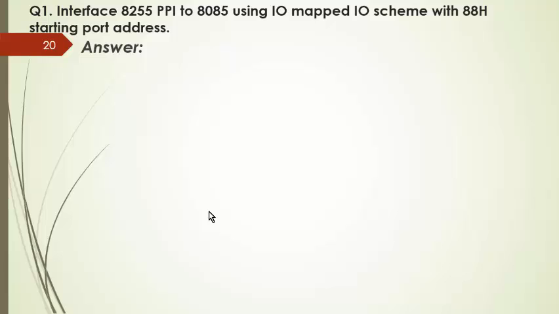But in case of IO mapping technique, or IO mapped IO scheme, we are going to use only 8 address lines, that is either A0 to A7 or A8 to A15, because in the IO map technique the contents on A0 to A7 and A8 to A15 are the same. In short, we use only 8 address lines in this type of interfacing.